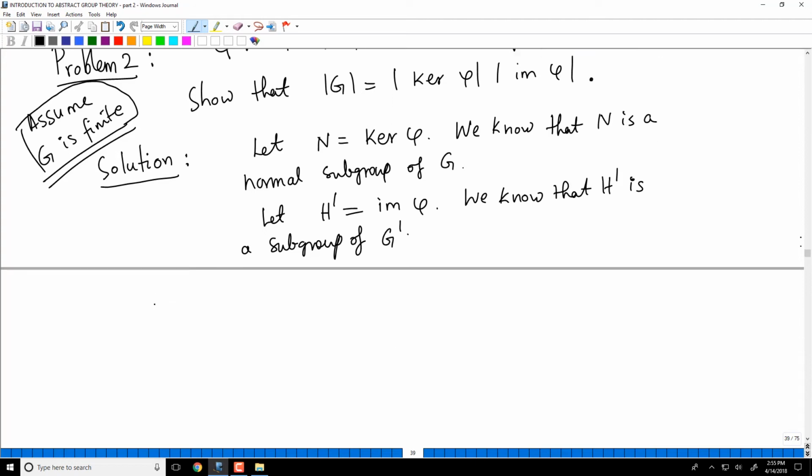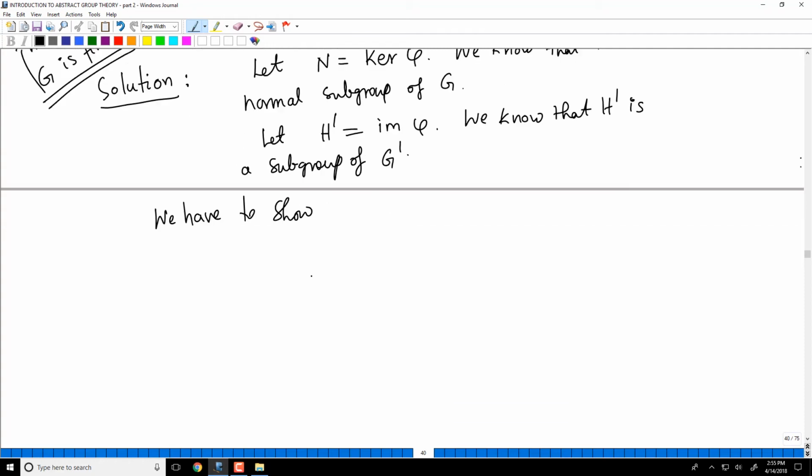So we have to show that order of G is equal to product of order of N and order of H prime. So let's show this.